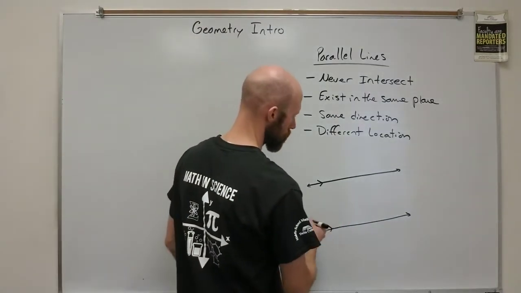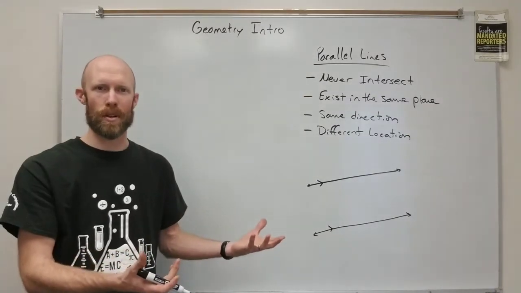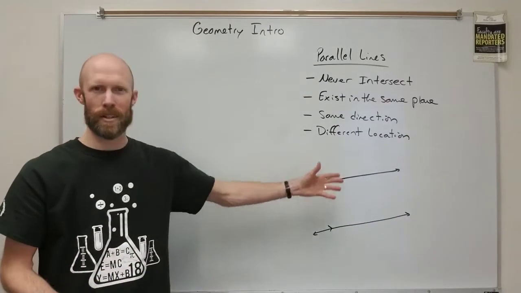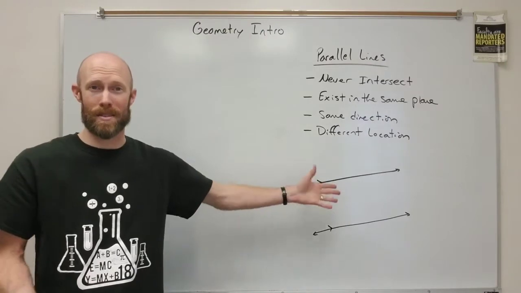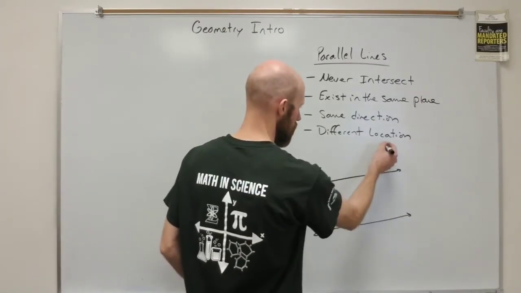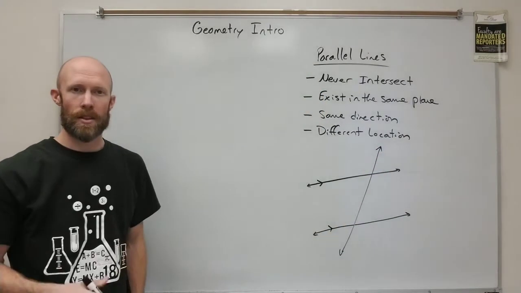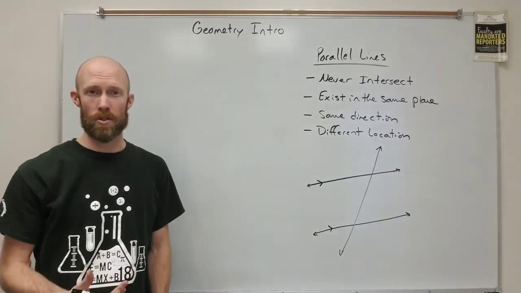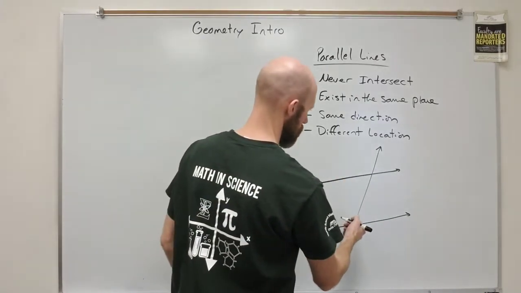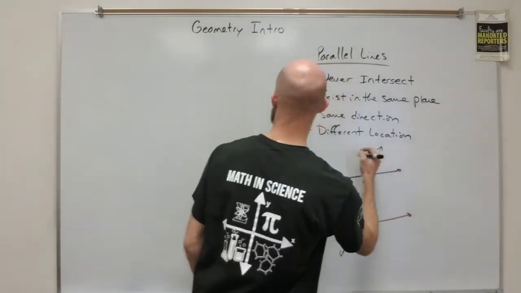But let's say you had 2 parallel lines. They never intersect, so there's no angles there to deal with, right? I can't get vertical angles or anything weird like that because there's nothing there. There's no intersection. But if I were to run a 3rd line through them and intersect them, that 3rd line is what we call a transversal. Okay, so this is a transversal.